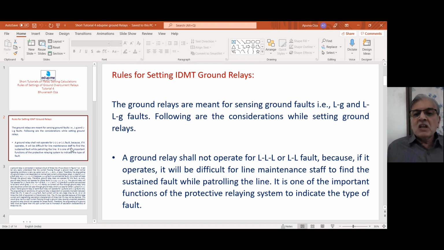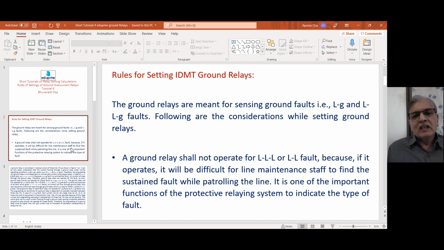Triple line and double line faults are taken care of by phase overcurrent relays, about which we have talked, and we have also calculated one numerical for finding out the plug setting, time multiplier setting, and even the setting of the high set unit for phase relays.